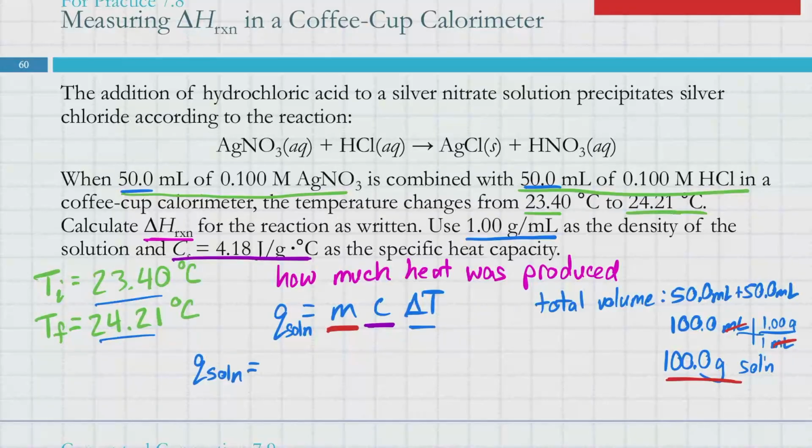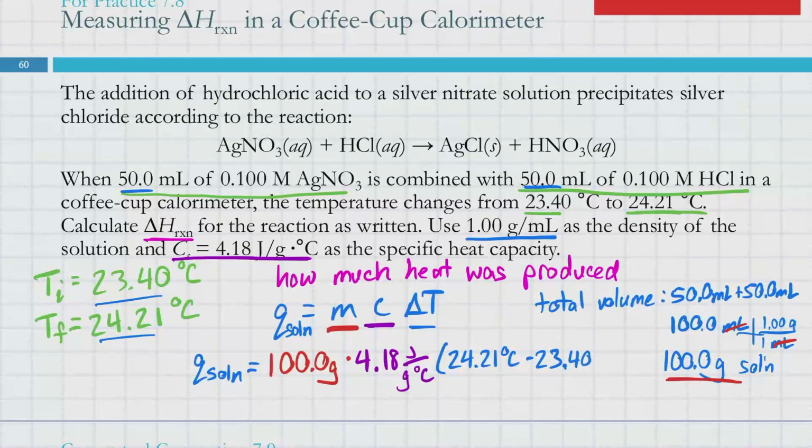So the Q of the solution, the heat absorbed by the solution, is 100 grams times 4.18 joules per gram degree Celsius times our final temperature of 24.21 minus our initial temperature of 23.40 degrees Celsius.